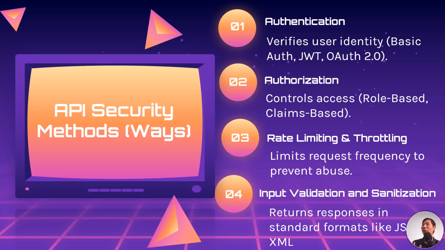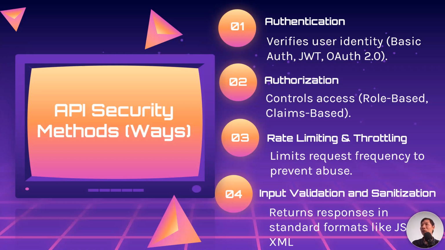It means verifying the user's identity, whether the user is valid or not in our system. Number two is authorization. Authorization means access control. There are two kinds of authorization approaches: role-based authorized access or claim-based authorized access.